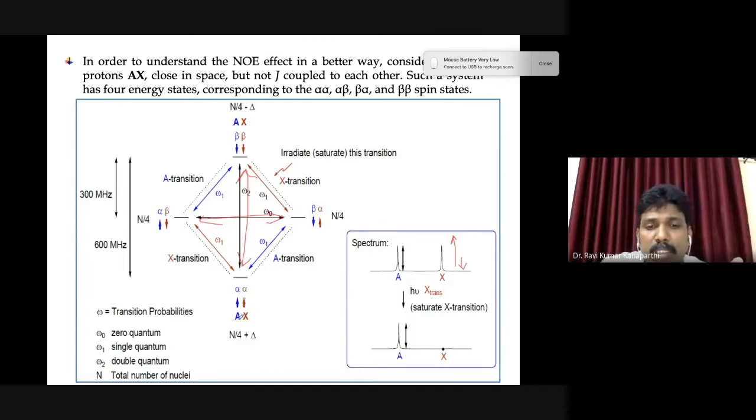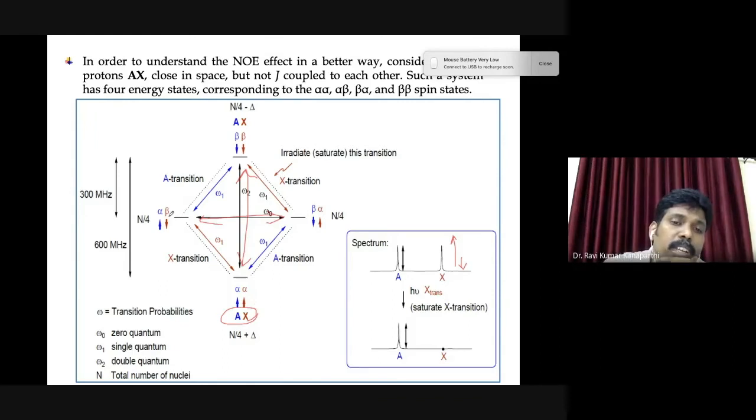Please note down here, I'm showing in this case, on the left hand side, the blue color indicates the spin of the A nucleus, A means one nucleus, and the red indicates the spin of the other nucleus, the X nucleus. So these spins are basically interacting through space.